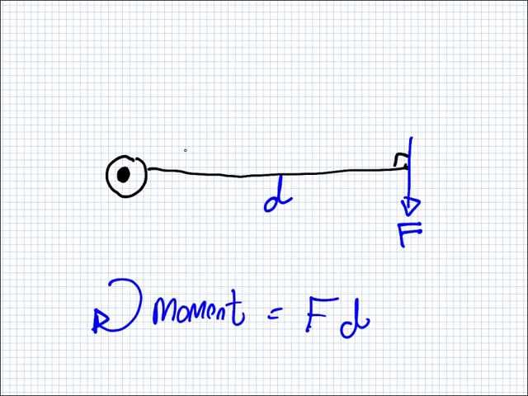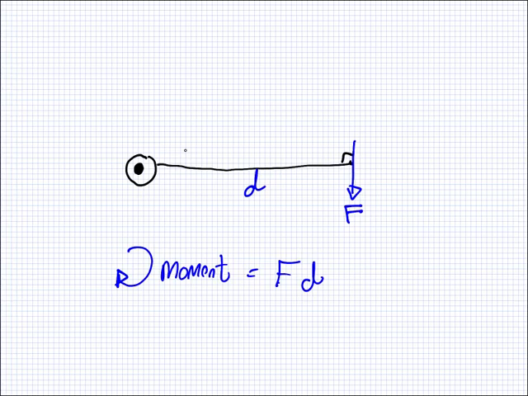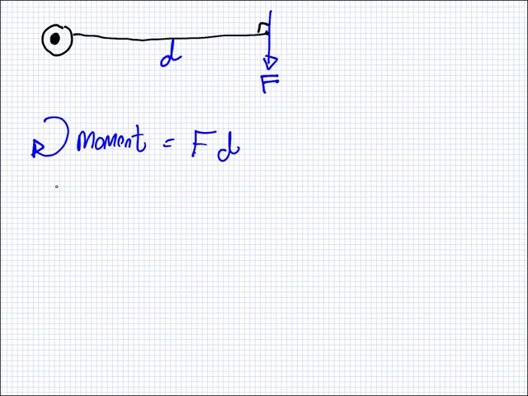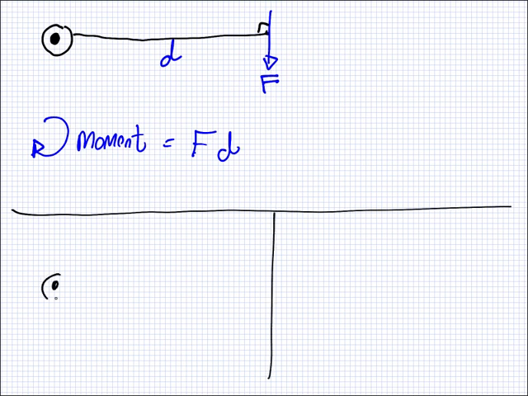Now that's fine, right? Force times distance. What happens if the distance is bigger? You get more of a turn. Or if the force is bigger, you get more. Fair enough? There's a little complication if it's at an angle. I want to draw you the two pictures. You could have a situation where the force is being pushed at an angle.